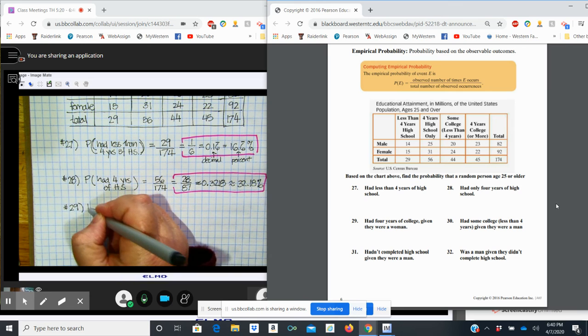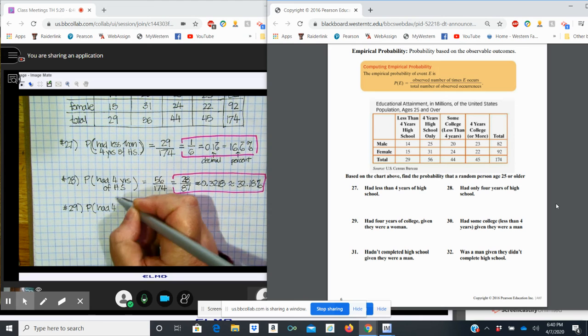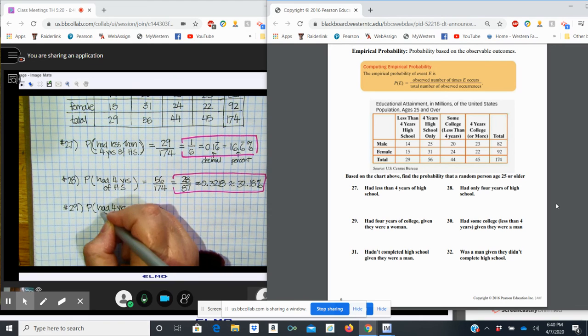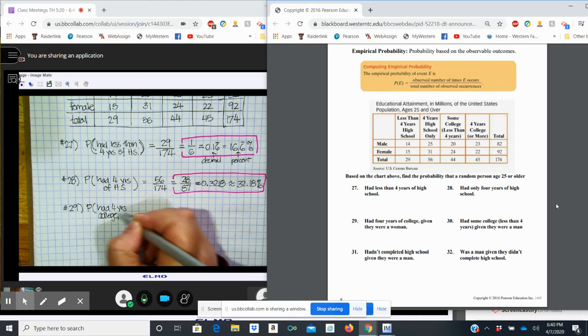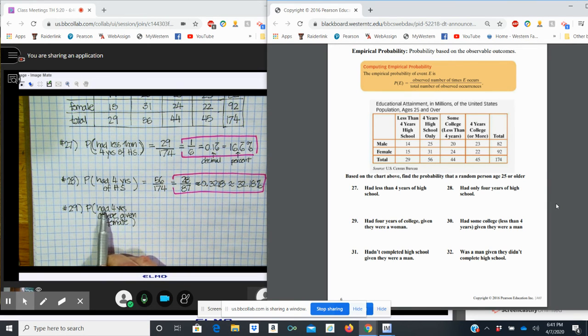All right, probability that they had 4 years of college given they're female. Okay. We'll do more of this later, but this is very specific. This is asking you had 4 years of college given they're female. So this given female part tells me that I want my denominator to be just the females.